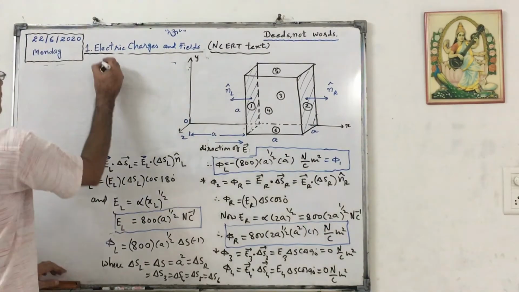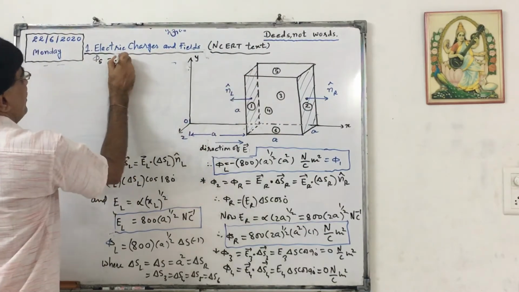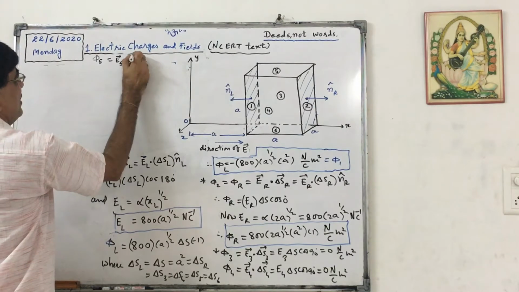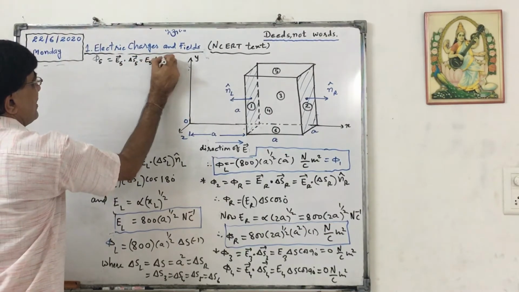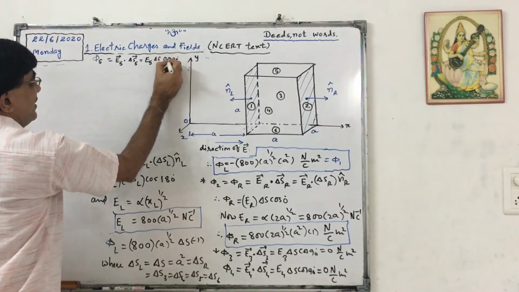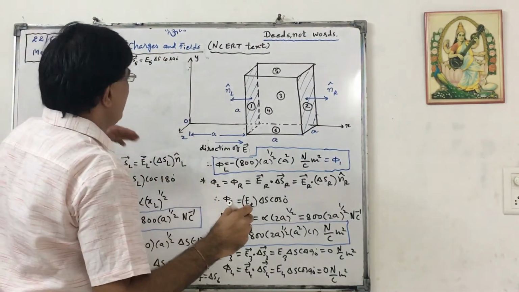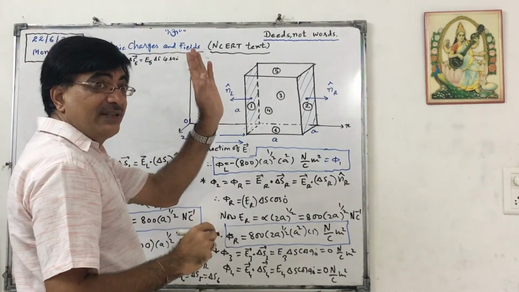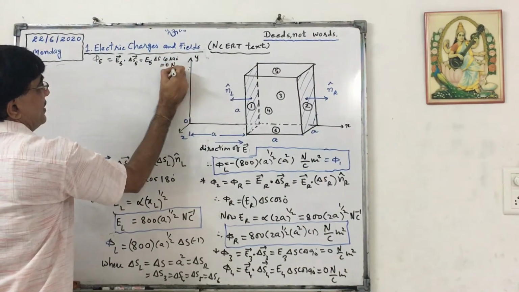Now let us find the flux linked with the top surface. So E5 dot delta S5 equals E5 into delta S into cos 90, because E is in this direction but delta S5 is in this direction, so the angle will be 90. So again zero flux.